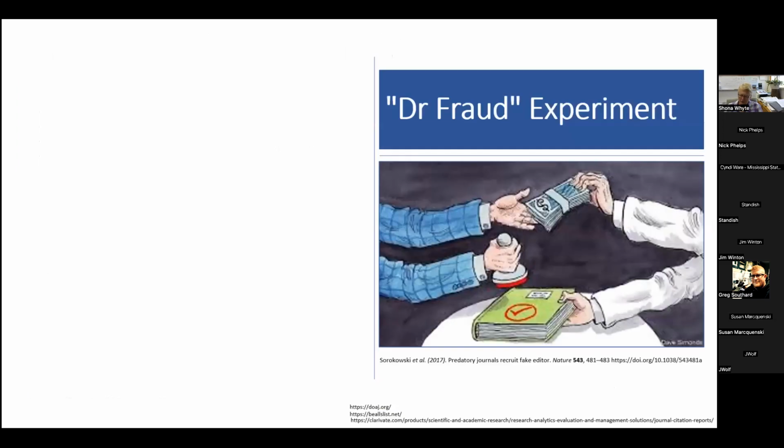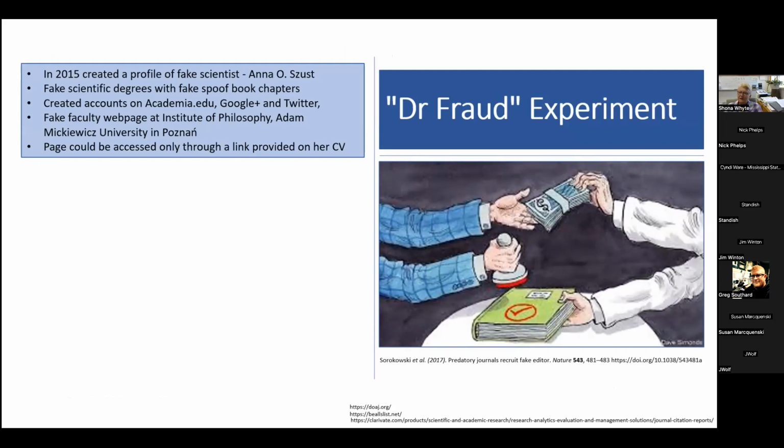So here's a fraud experiment that was published by a group of individuals in 2017, just to talk about these predatory journals. In 2015, this group of researchers created a fake profile of a scientist called Anna O. Szust.